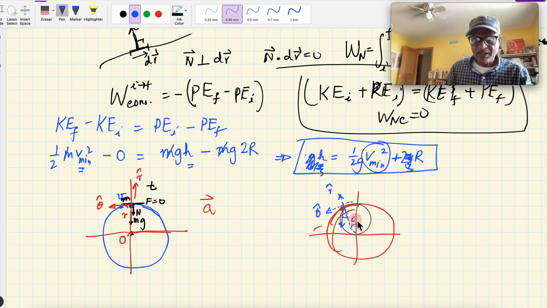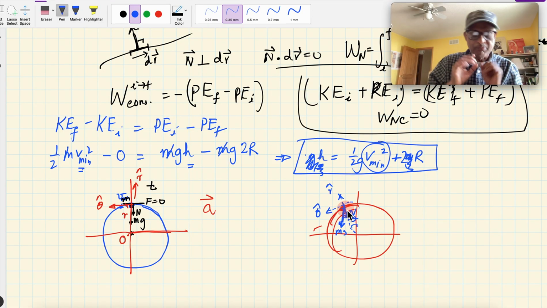If this is the angle theta, then you have mg, the normal force pointed that way, and mg pointed that way. mg has both radial and tangential components, right? mg has both radial and tangential components.